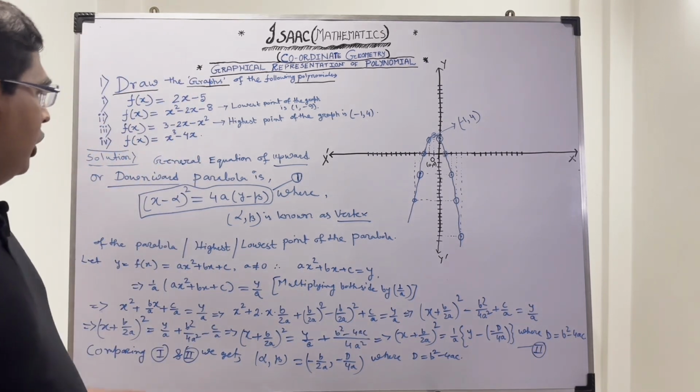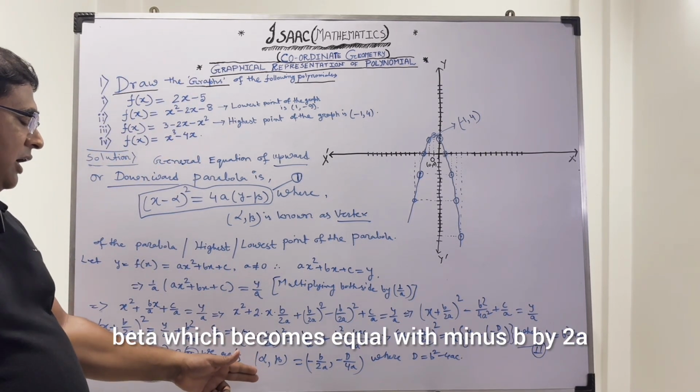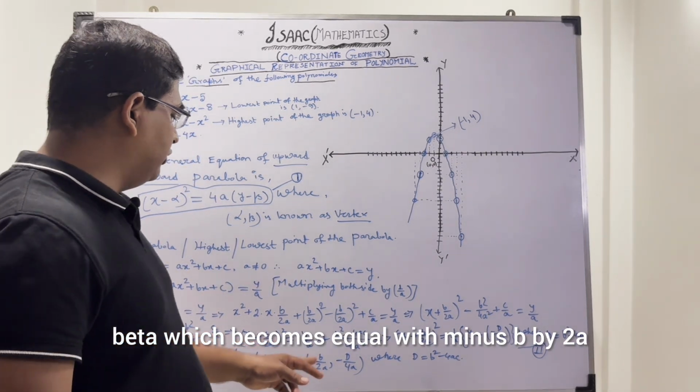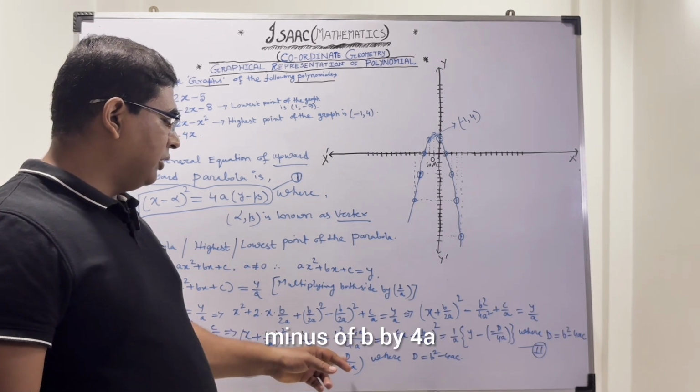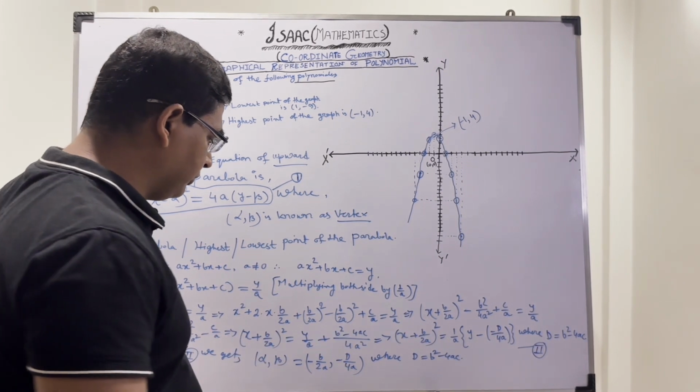Okay. So this point alpha comma beta becomes equal with minus b by 2a comma minus of D by 4a.